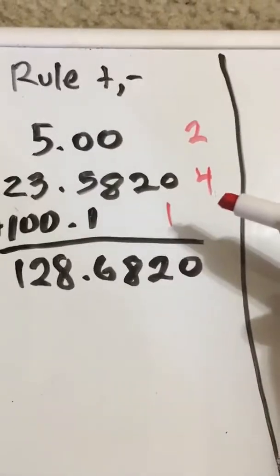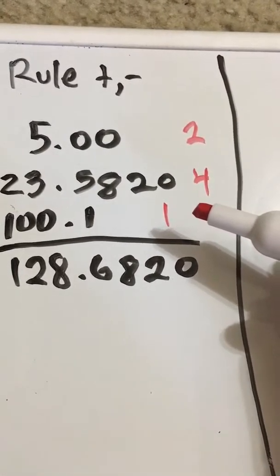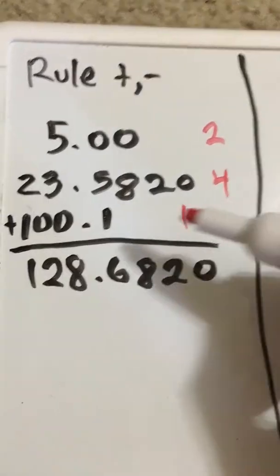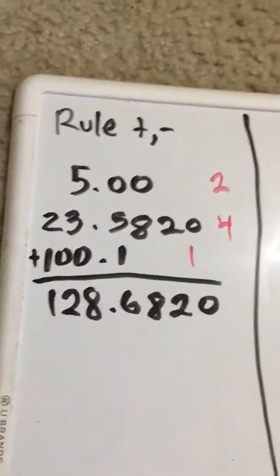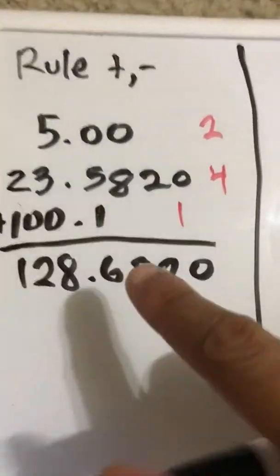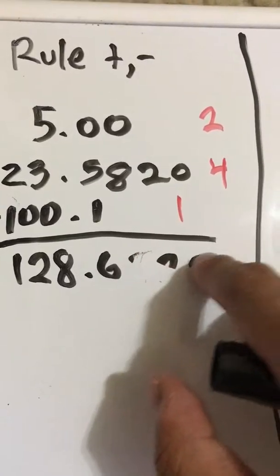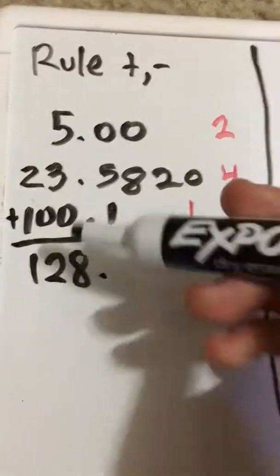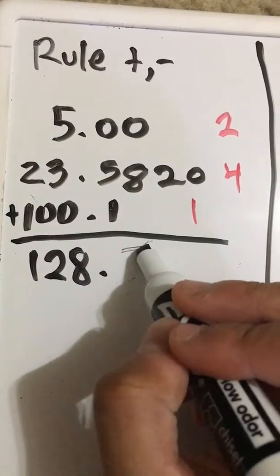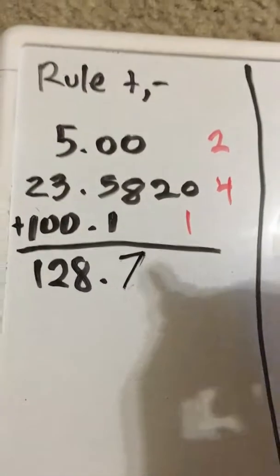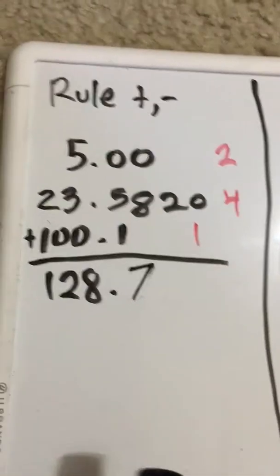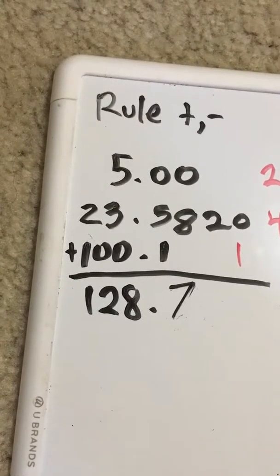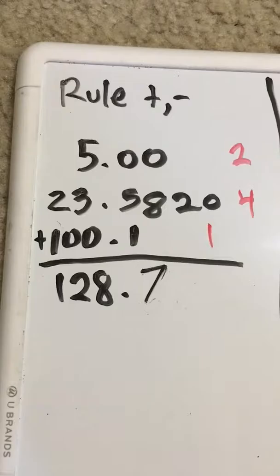We want the one with the least amount of numbers after the decimal, or the least decimal places, which is this one. We want only 1 decimal place. So we would remove this, and then we would round up. That's how we add and subtract and find the correct significant figures.